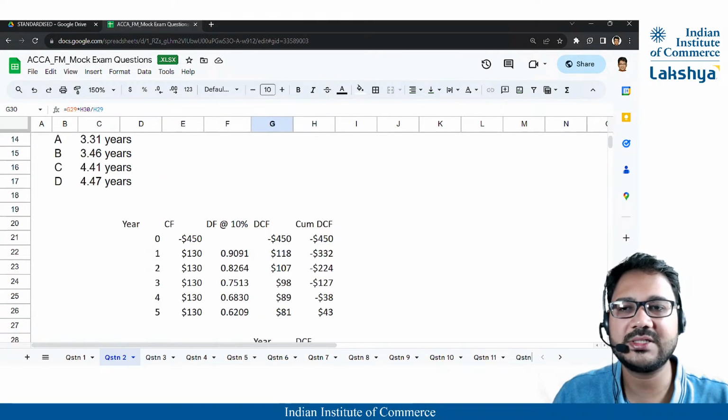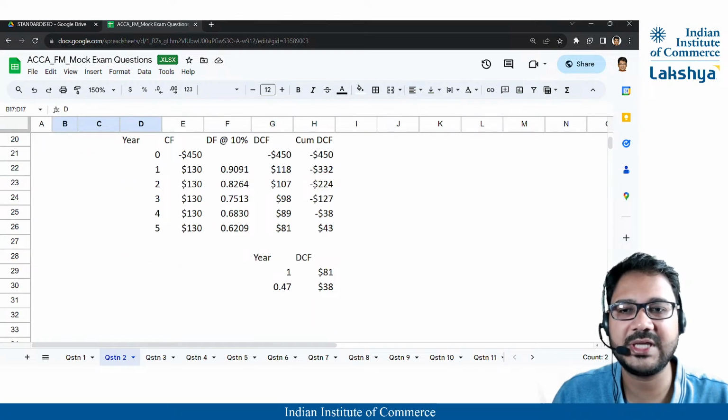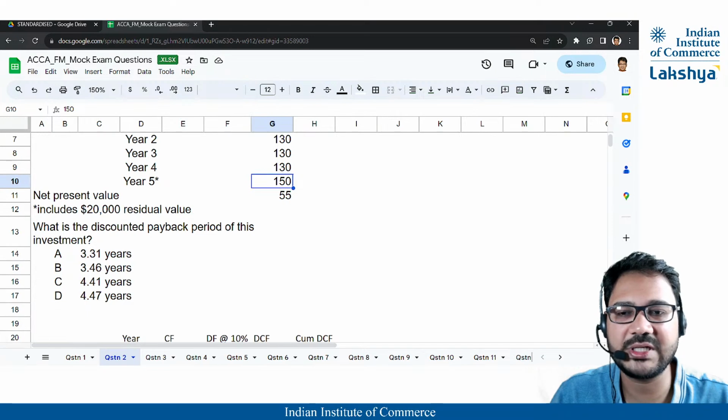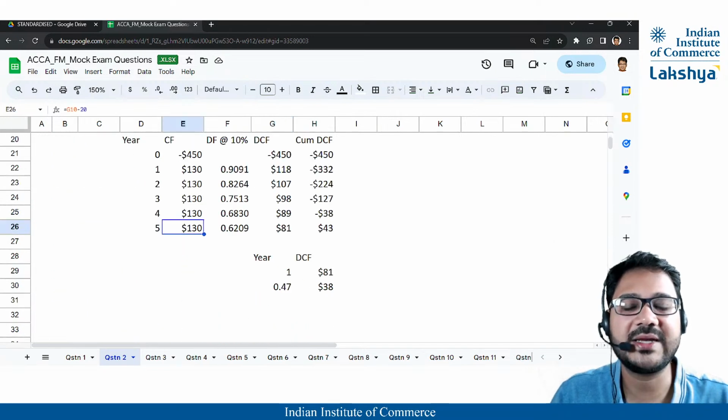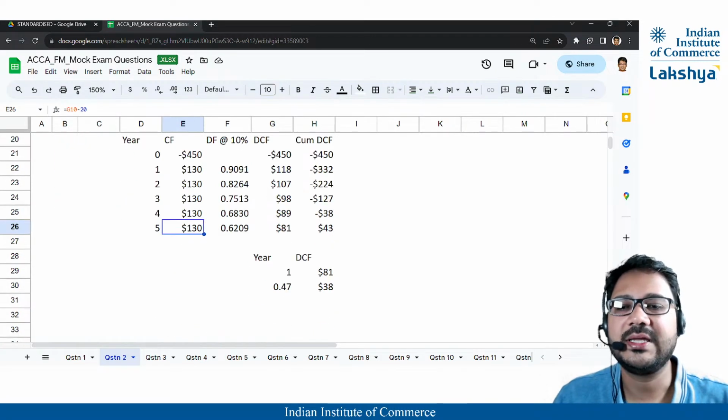Okay, so the answer is actually 4.47. I purposefully made that mistake because a lot of you will include 150. Okay, as in they have given us 20 and you will think that it's scrap and you will include it. But remember, it is not scrap, your correct answer.